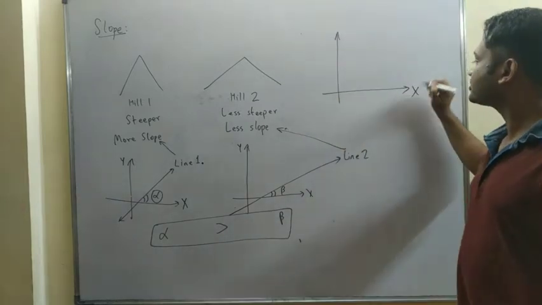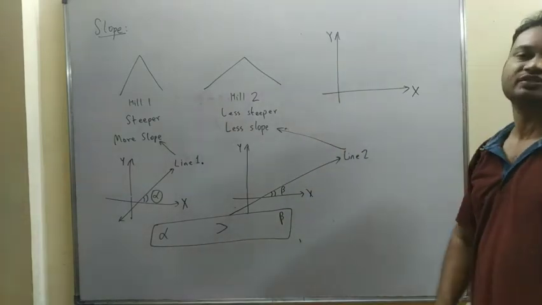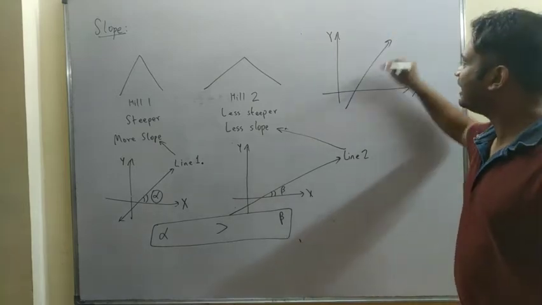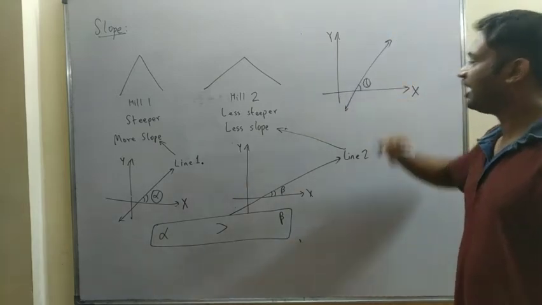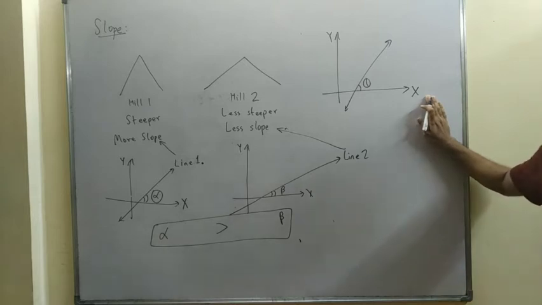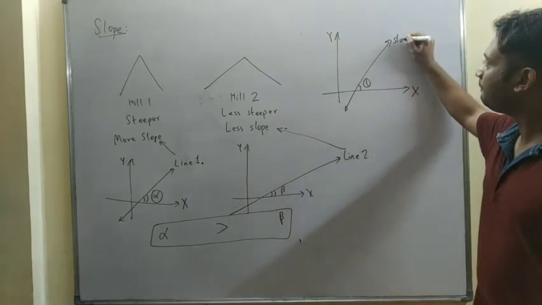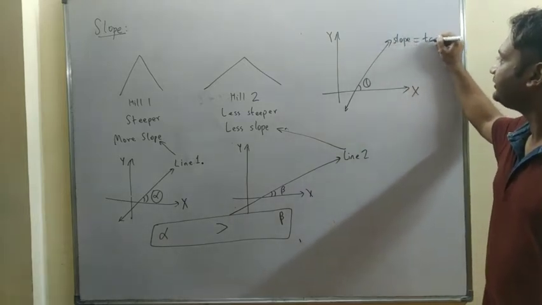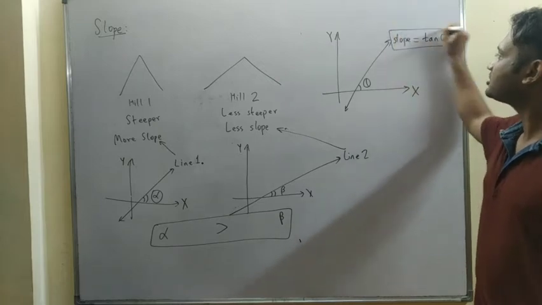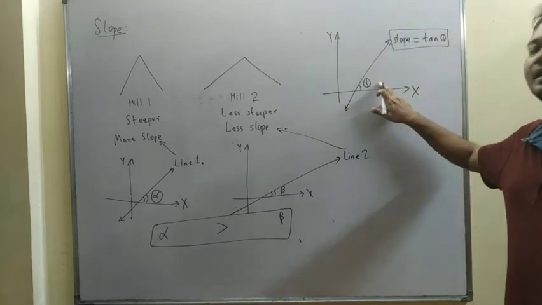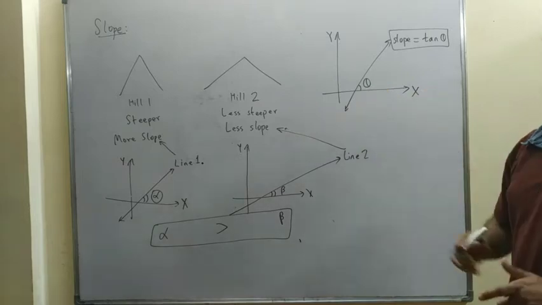Suppose we have the x-axis and y-axis, and any line making an angle theta with the positive x-axis. Then we define the slope of this line as tan theta. Slope is defined as tan of the angle made by the line with the positive x-axis.